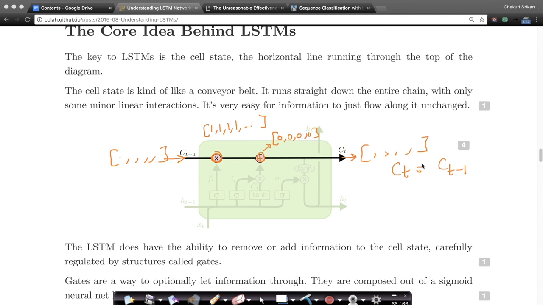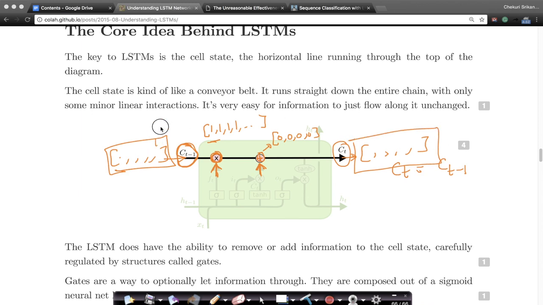This is very important. Whatever the cell state was before, I can send it out as the cell state as is, if I want to. If the value I'm sending here is all ones, and the value I'm sending here is all zeros, then whatever the value of the vector CT minus 1 is, the same vector is literally copied to the output.